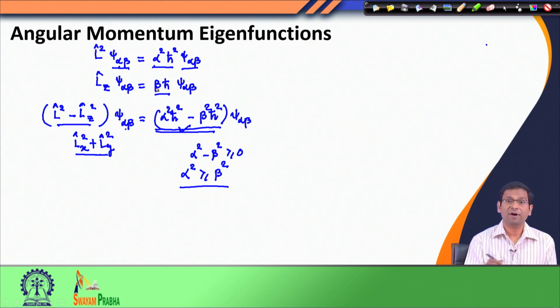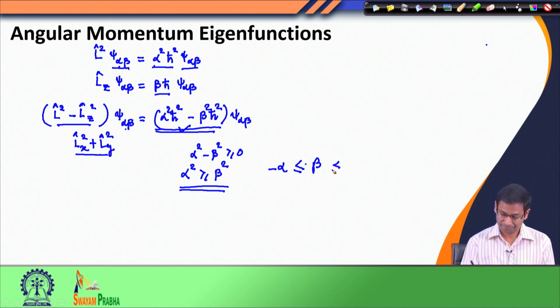I started defining alpha and beta without knowing anything more about them, but now I see that, the way I have defined them, they follow a relation: alpha square must be greater than or equal to beta square. When this relation holds, I can write that beta is greater than or equal to minus alpha and less than or equal to plus alpha.